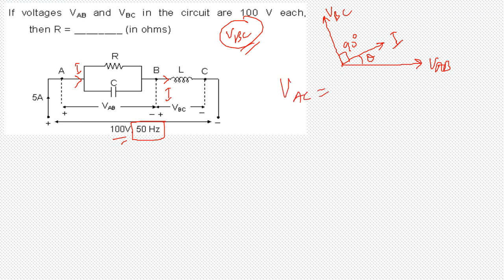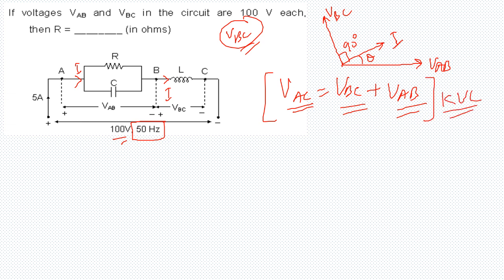So VAC should be equal to VBC plus VAB. Here these voltages are adding, but it is not a simple algebraic addition, it will be vector addition. So this is KVL in case of an AC circuit, where you have to add vectorially.